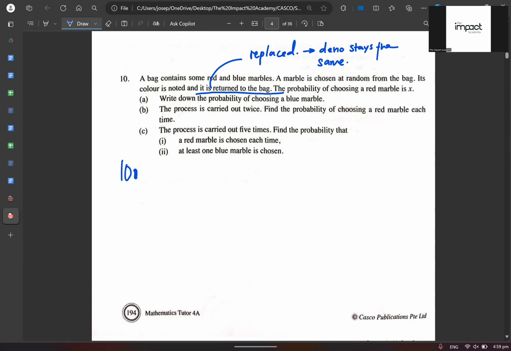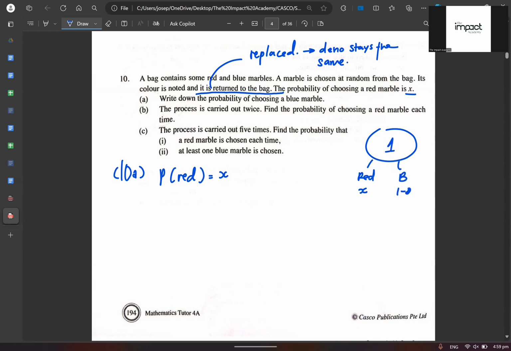Now, for 10A, it says the probability of choosing a red marble is X. So the probability of a red marble is actually X. Do you understand? If I were to draw a number bond, red is X, so the total is 1, correct or not? What's my blue?